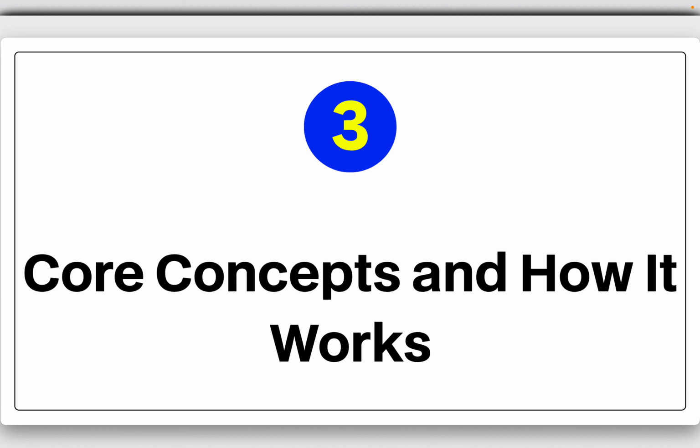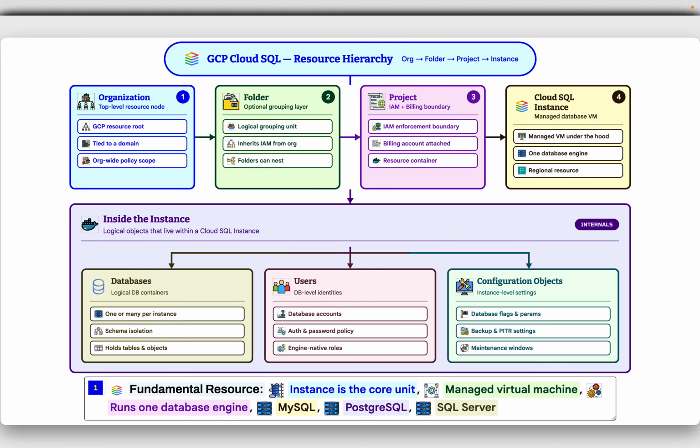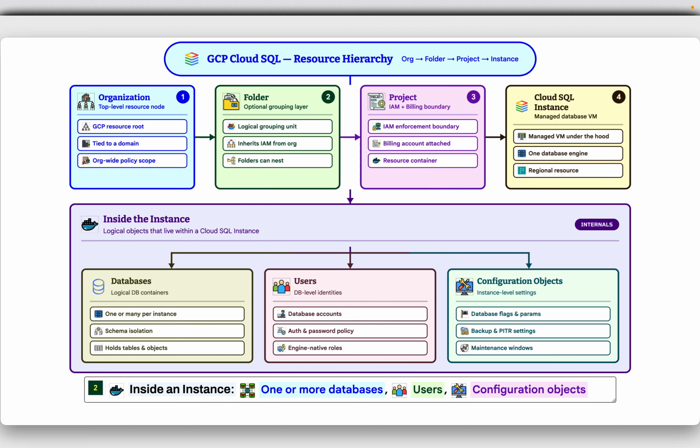Third topic, core concepts and how it works. The fundamental resource in Cloud SQL is an instance, a managed virtual machine running one database engine. It could be MySQL, PostgreSQL, or SQL Server. Inside an instance, you create one or more databases, users, and configuration objects.